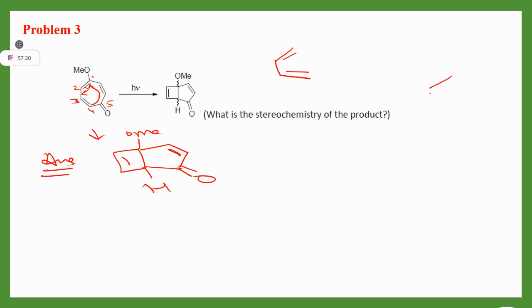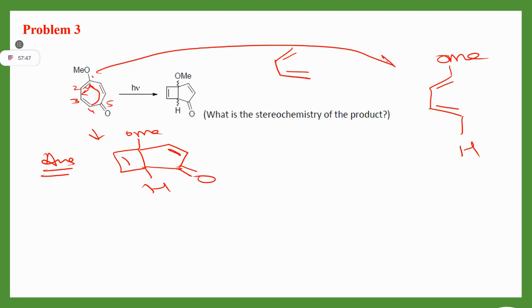Now just forget about this right part, that is intact. Otherwise this system is like this, your simple butadiene system. OMe, hydrogen is going there, correct? This system is almost equal to this. Here your OMe and H are opposite, correct? One is going upward, another is going downward. I am looking at the direction of substituents.